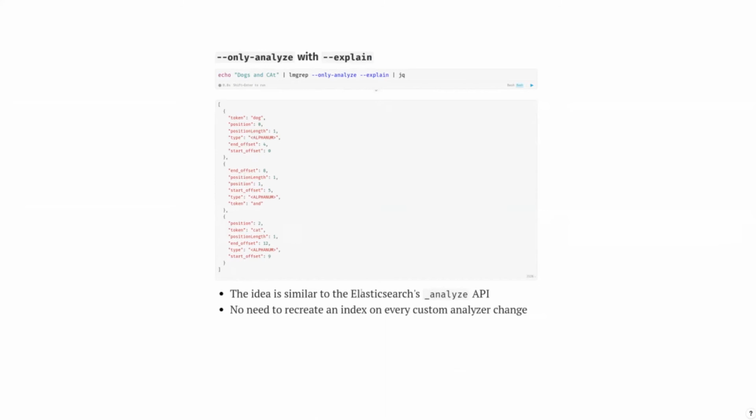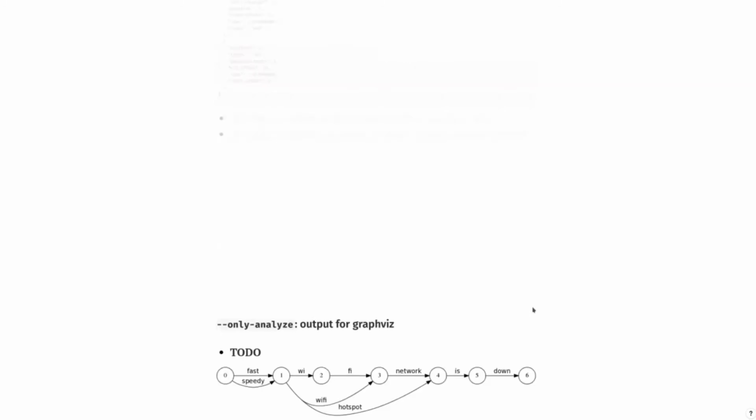However, compared to Elasticsearch's Analyze API, Lucene-grep, I would say, does the job better, because there is no need to recreate an index on every custom analyzer change. Because when you change something there, you have to delete the index, create the index, then query with the field. So there is no such hassle here. So yeah, I like that.